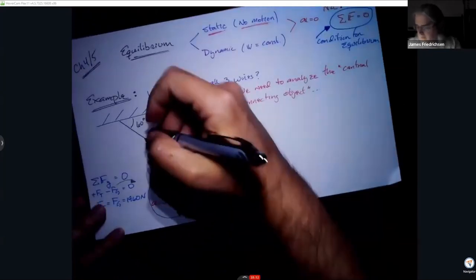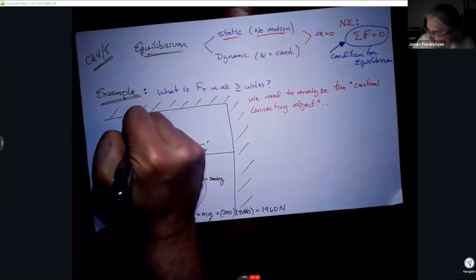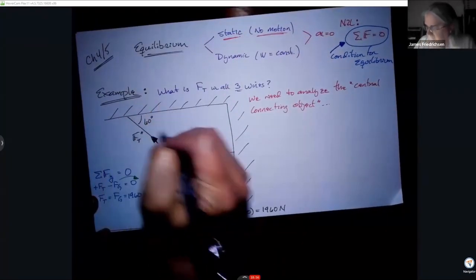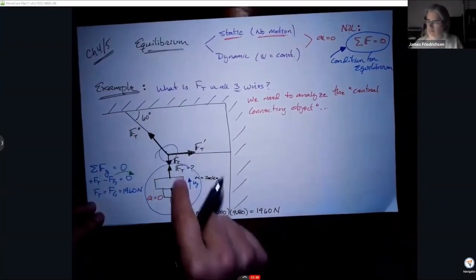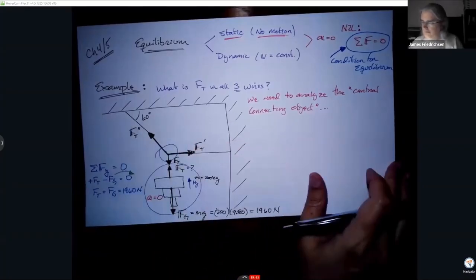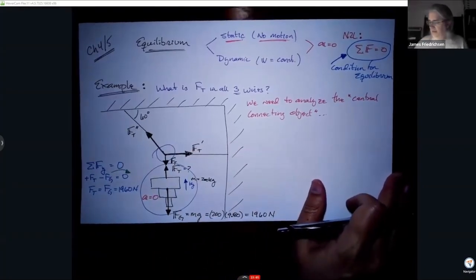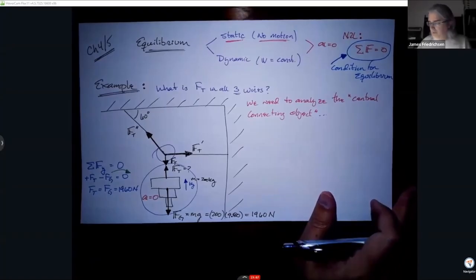I'm going to label that as FT double prime. But you could call it 1, 2, and 3. You call it Fred, George, and Barney for all I care. I just don't want to write all that stuff down, so I want a nice compact notation.